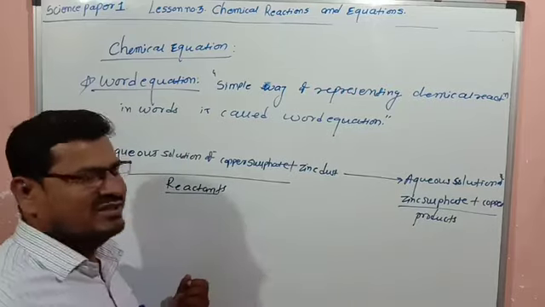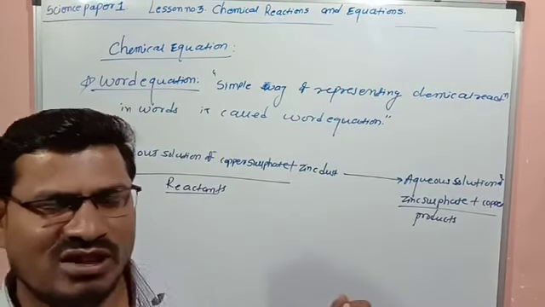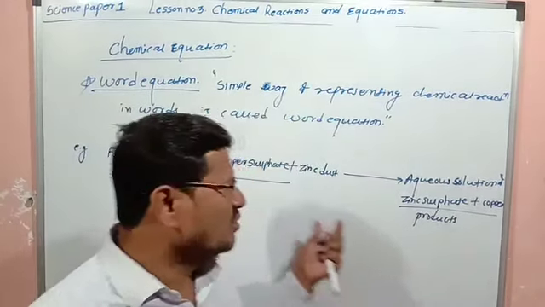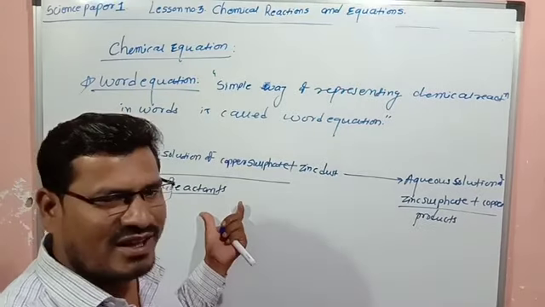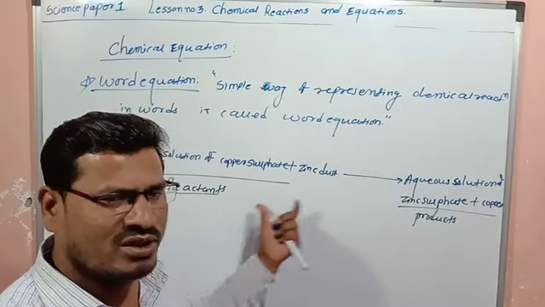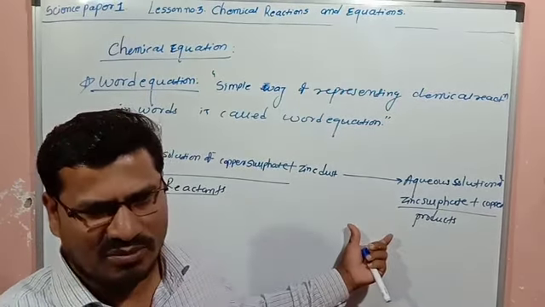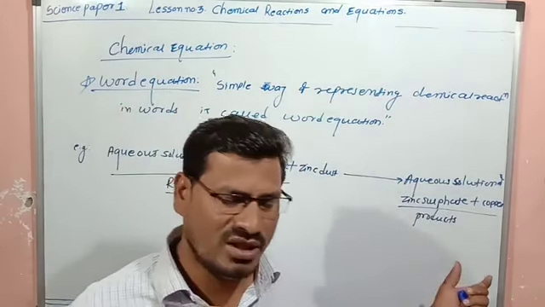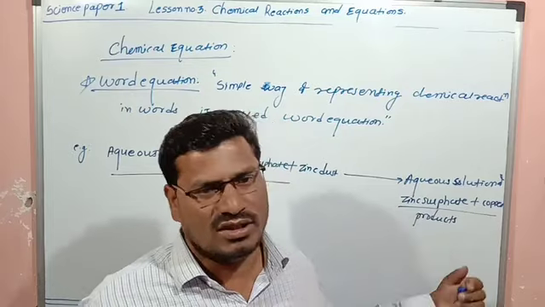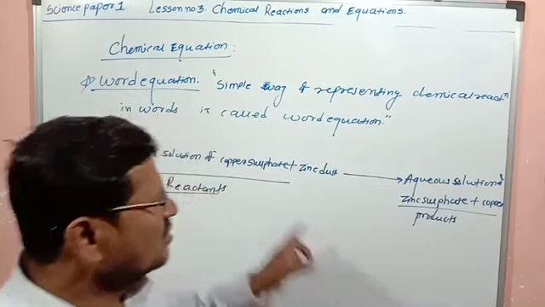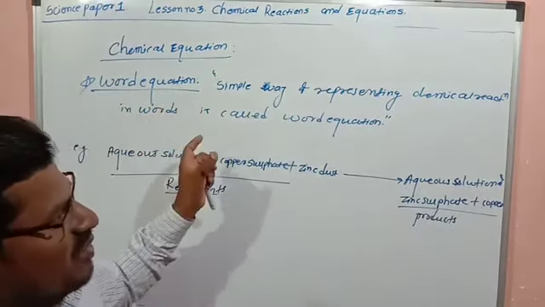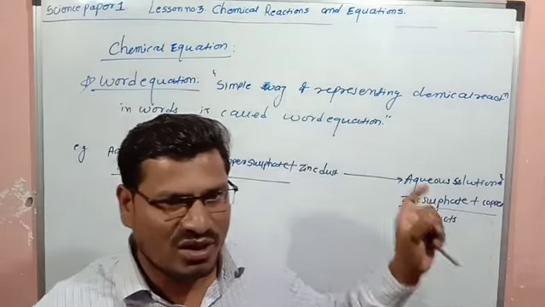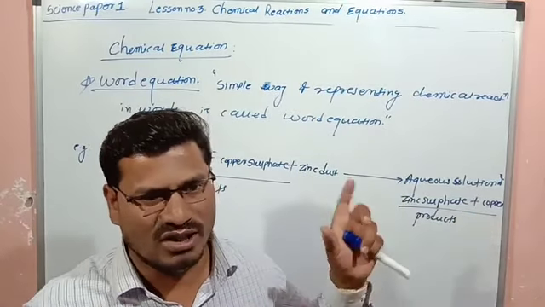In a chemical reaction, reactants react together and give products, new substances. So the simple way of representing a chemical reaction in words is called a word equation.